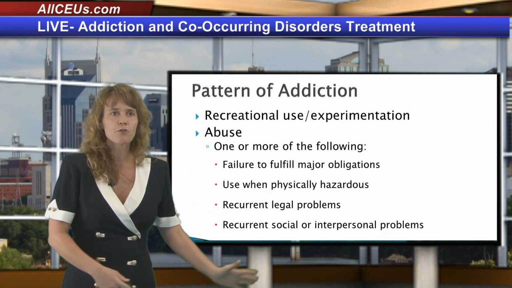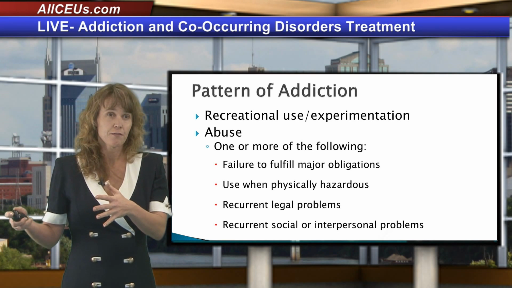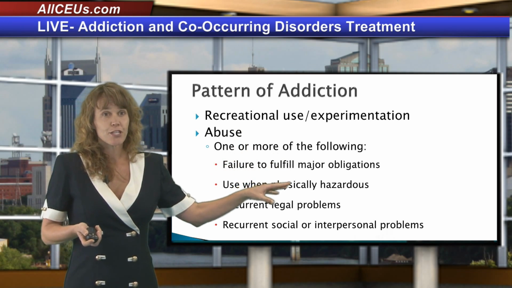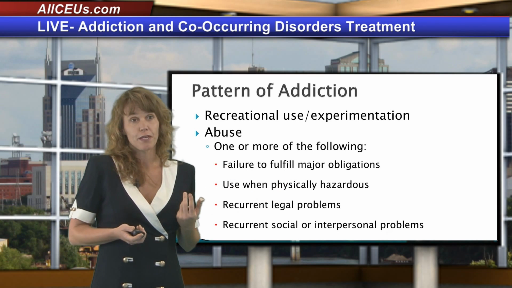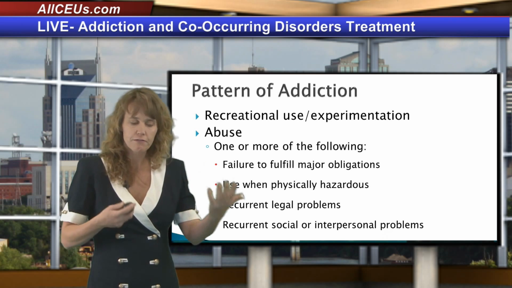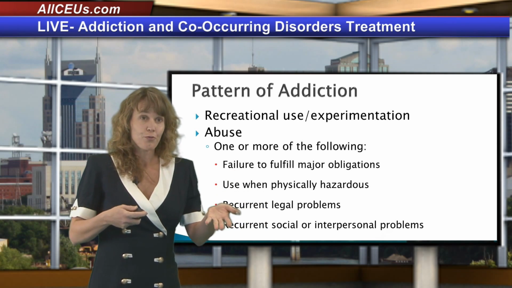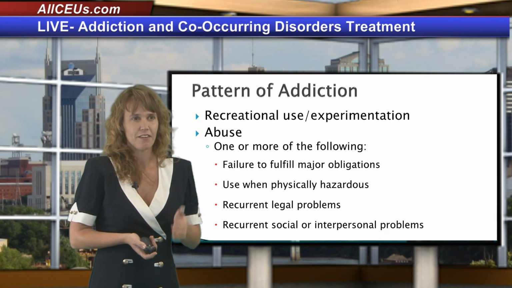So you slowly move over to a group of friends that supports your addictive behaviors. The friends that didn't support your addictive behaviors have backed off a little bit. They don't want to be around that type of behavior, or maybe they don't want to be around you when you're engaging in that type of behavior.